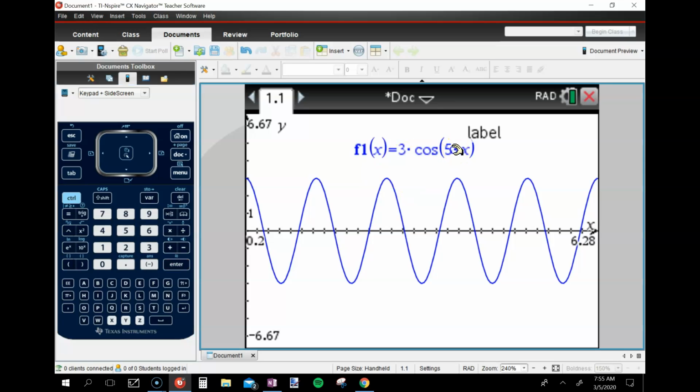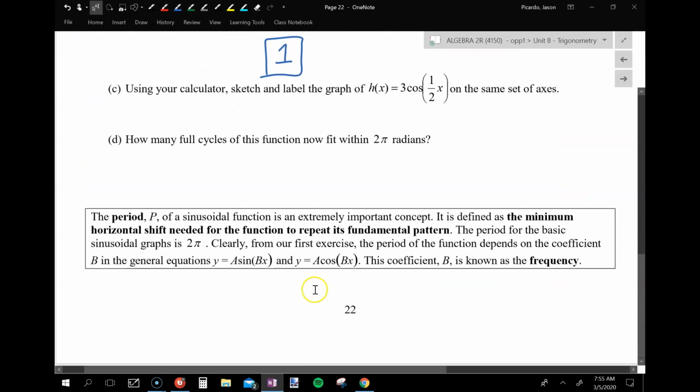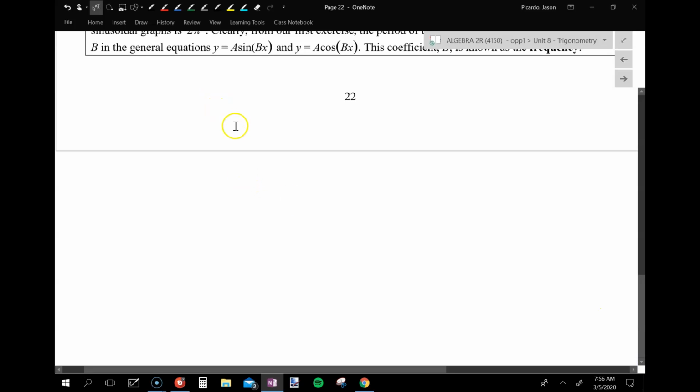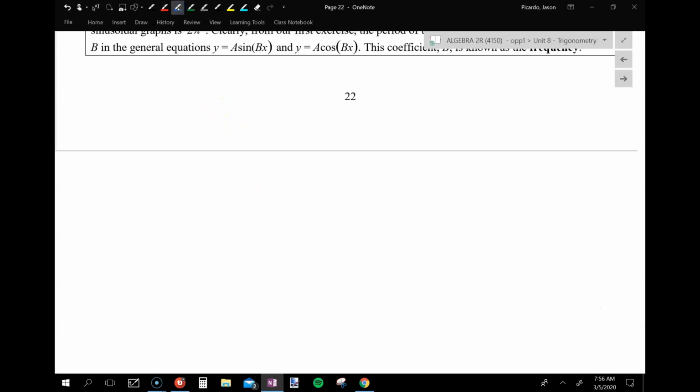Okay? Here is a phrase. This number right here, this 5, whatever number is in here, is going to have a special name. Okay? Write this below in here, guys. Somewhere down below. All right?